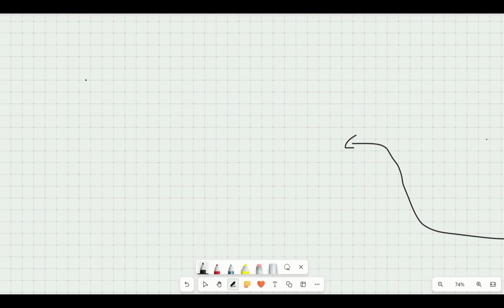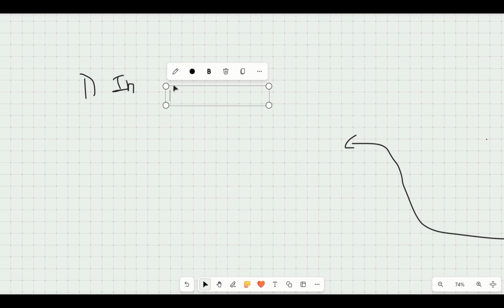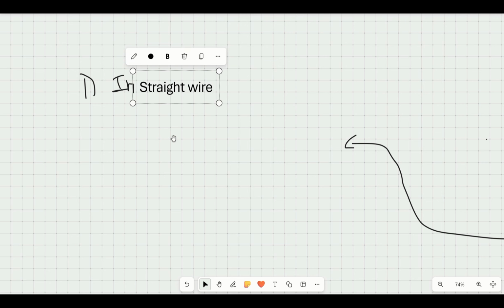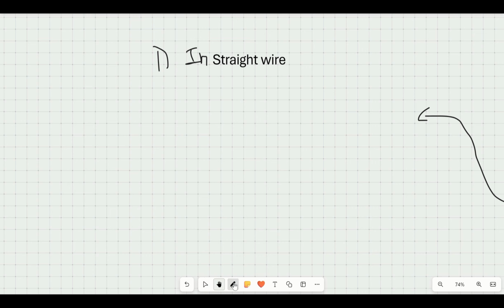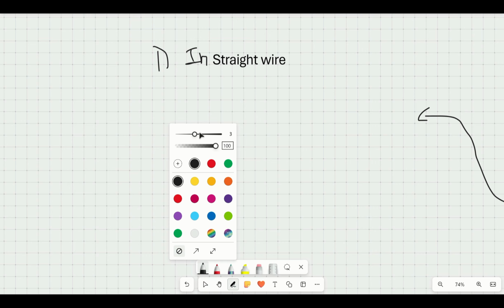Okay, first in straight wire, I will write it with text. So in straight wire we will see, let's draw a straight wire first.